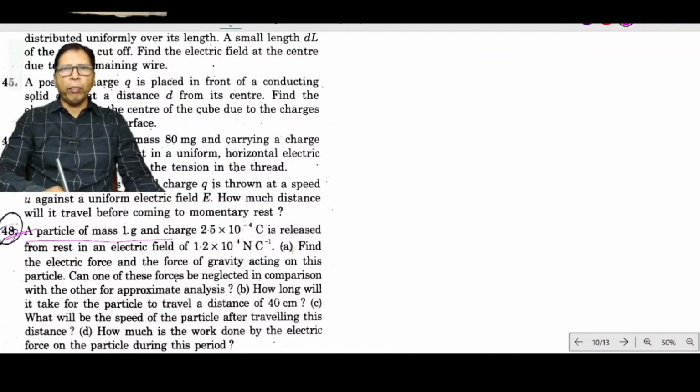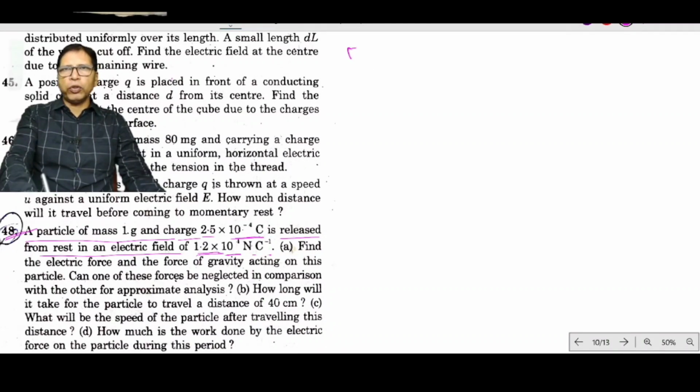A particle of mass 1 gram, charge 2.5 × 10^-4 coulomb is released from rest in an electric field 1.2 × 10^4 Newton per coulomb. Find electric force. Look at this.